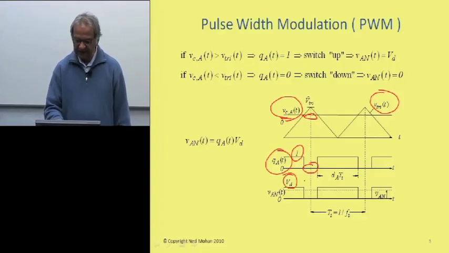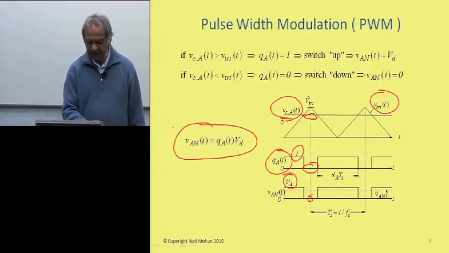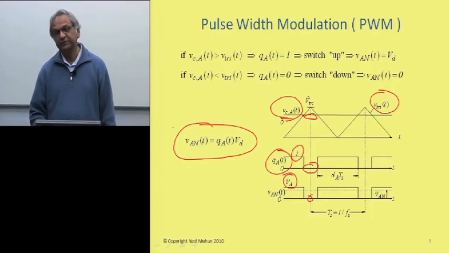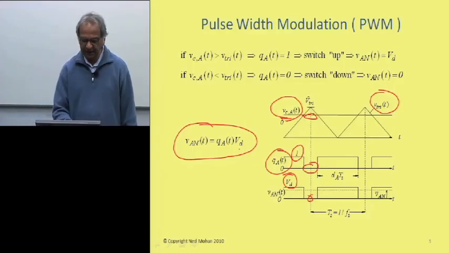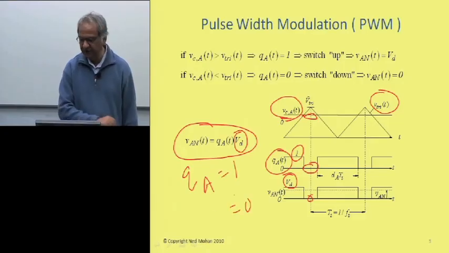And when this switching signal is equal to 0 and the switch is in the down position, then the voltage is equal to 0 here. So you can see that we can define the voltage at the current port by this expression here: Q sub A times the input DC voltage Vd, and Q sub A is taking a value of 1 or 0 like this.